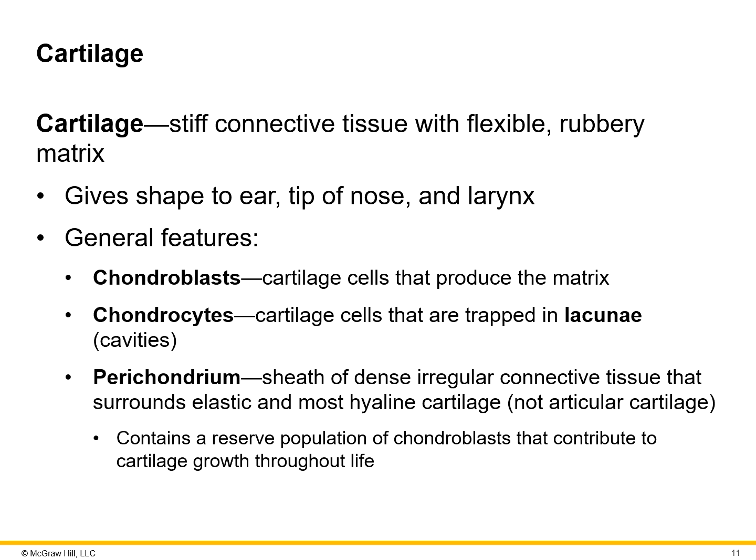There is going to also be a sheath of dense, irregular connective tissue that will surround the cartilage called the perichondrium. Peri means around, so it's around the cartilage.